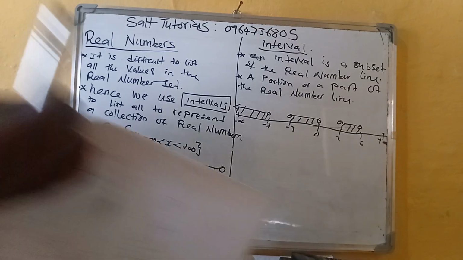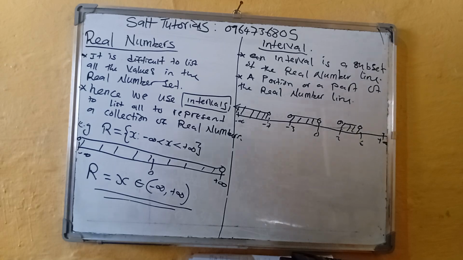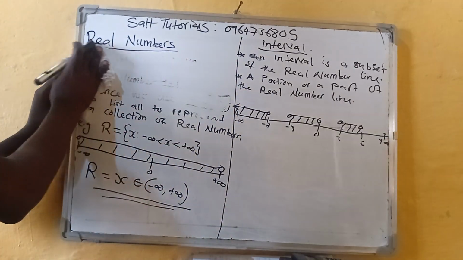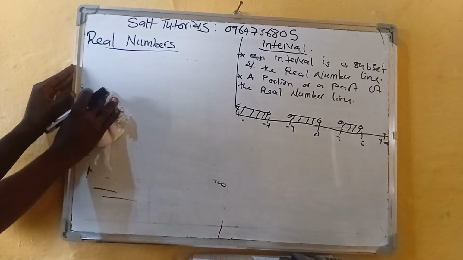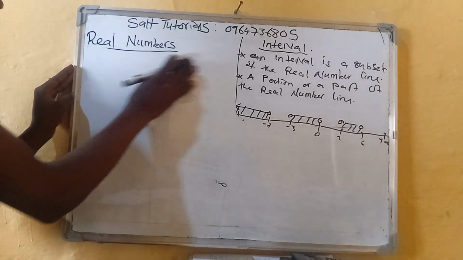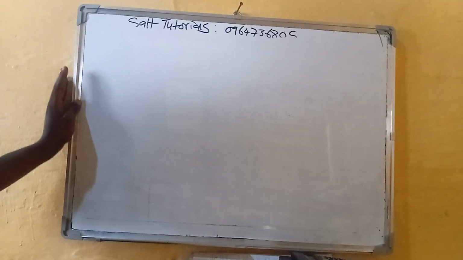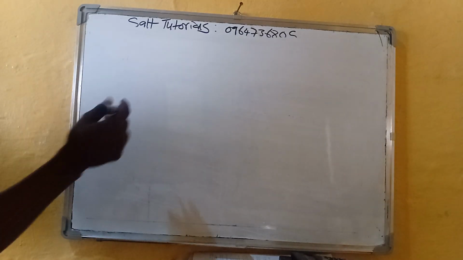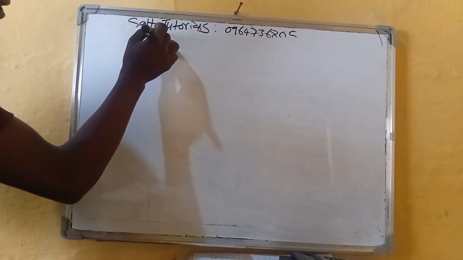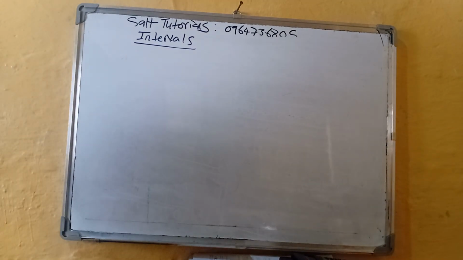So representation of intervals. So let me just delete this part. We can look at now the aspect of representing intervals. So with that understanding, we are now looking at how these intervals can be represented. We are looking at an interval being a subset of the real number line.